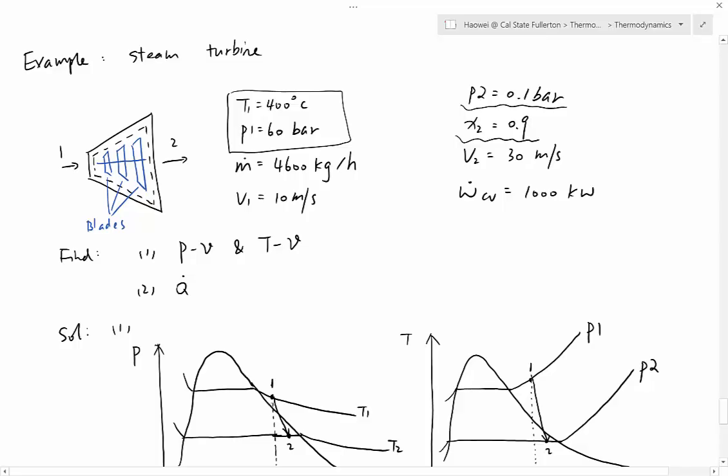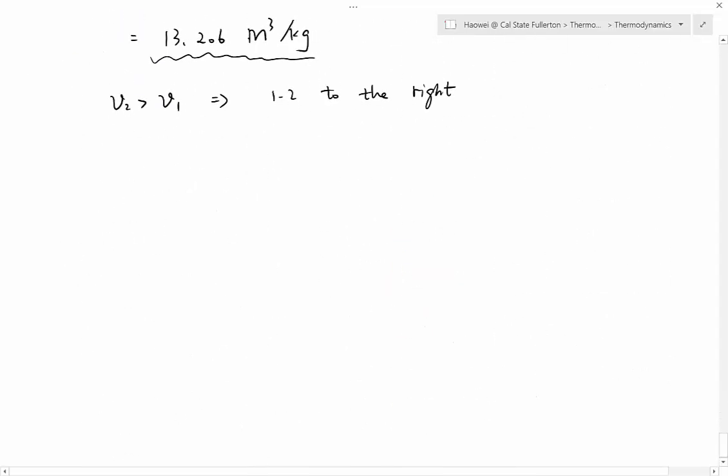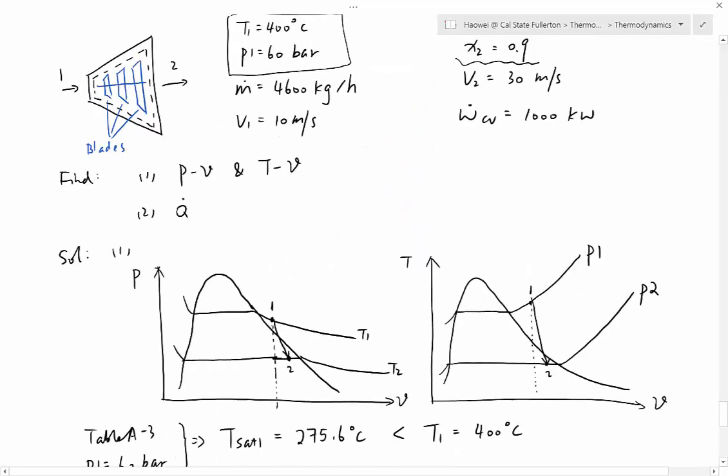In our case, it's a control volume because you have mass transfer, so we have to use the long version of first law.